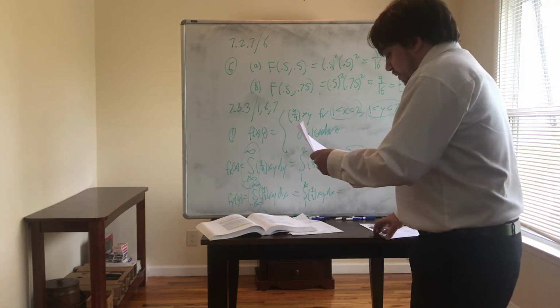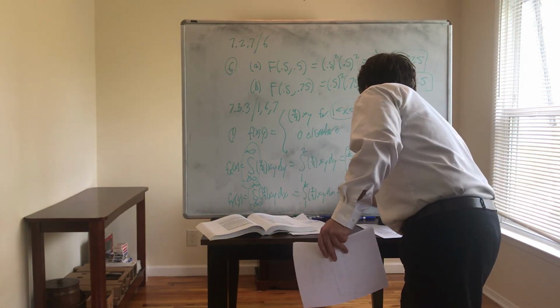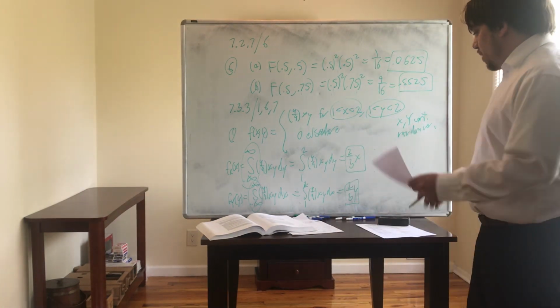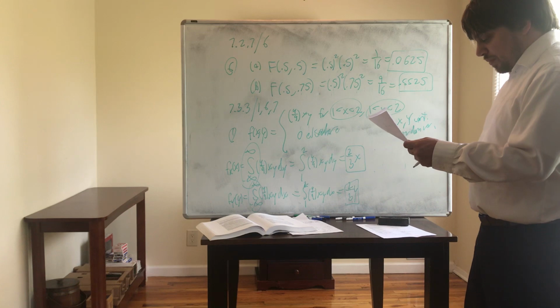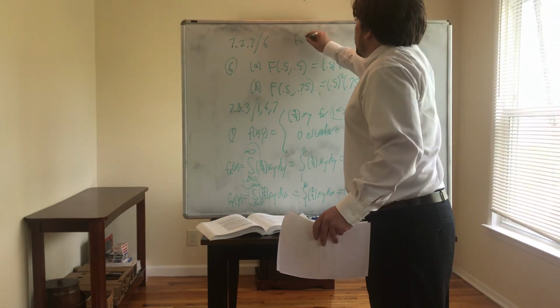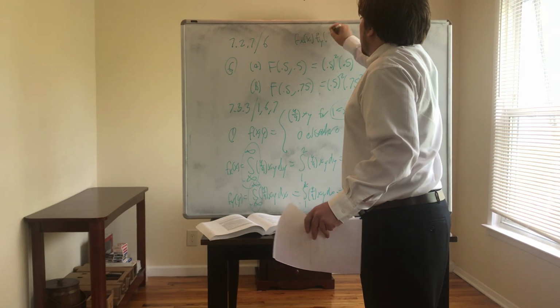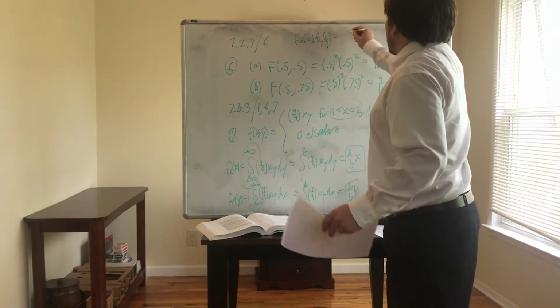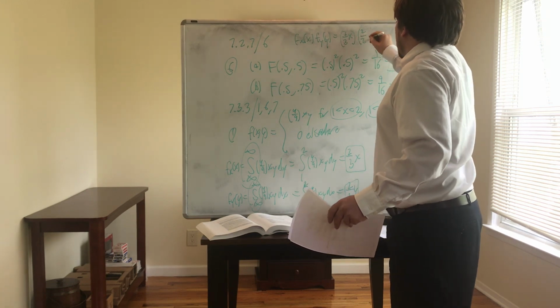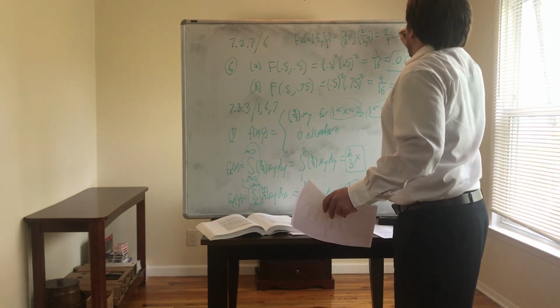And if you compute that definite integral, you get 2/3 y. Okay, so f sub x of x is 2/3 x, and f sub y of y is 2/3 y. And so f sub x of x times f sub y of y is equal to 2/3 x times 2/3 y, and that's equal to 4/9 xy.